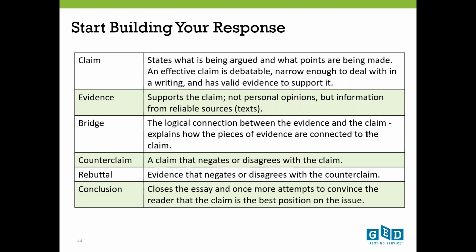Another thing, and this may be the students who can write at a little higher level, is the counterclaim and the rebuttal. If the students have used both sides, they can look at their evidence, and this becomes much easier. Then we wrap it all up with a conclusion that brings everything together. So those are the six pieces you're looking at as you move through. Next.